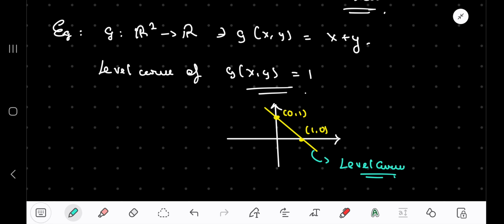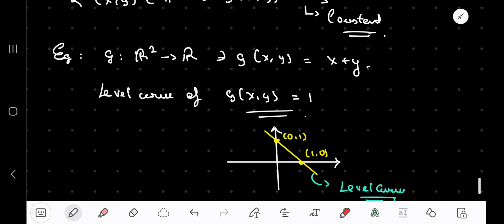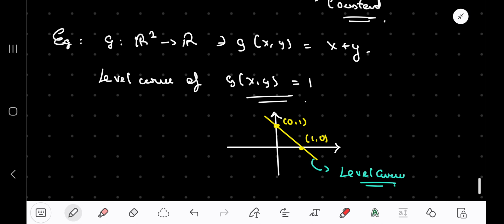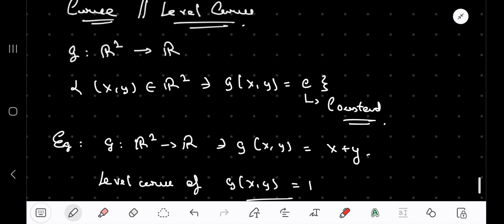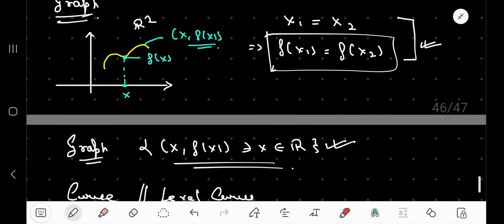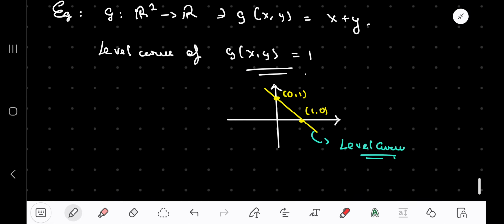Fine. Now given a function from R2 to R, you can draw a level curve with ease, but the question that immediately arises is that this geometrical structure seems to be extremely related to the notion of a graph, because you can immediately see that the graph is geometrically similar looking to the level curve. But here arises the question: given a level curve, can you always get hold of a function whose graph is this level curve?